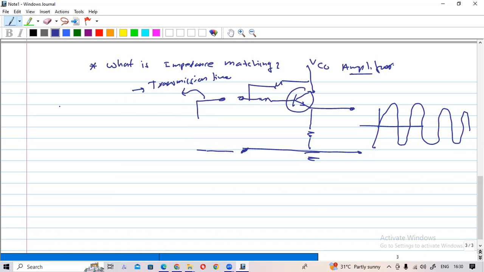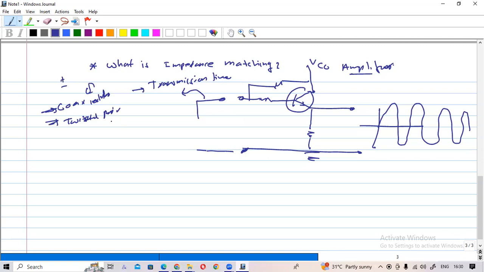For example, you know coaxial cable. This is one type of transmission line. Twisted pair also has two copper cables. Coaxial cable has a copper pair for signal and ground.